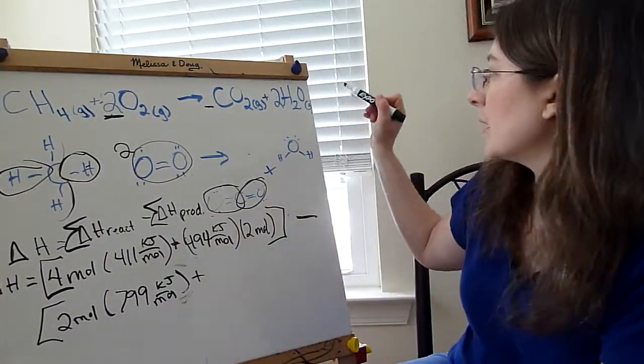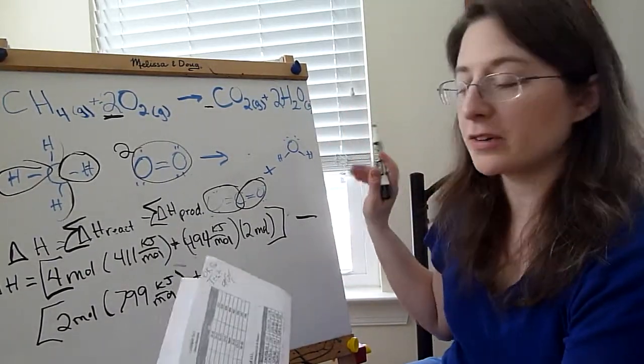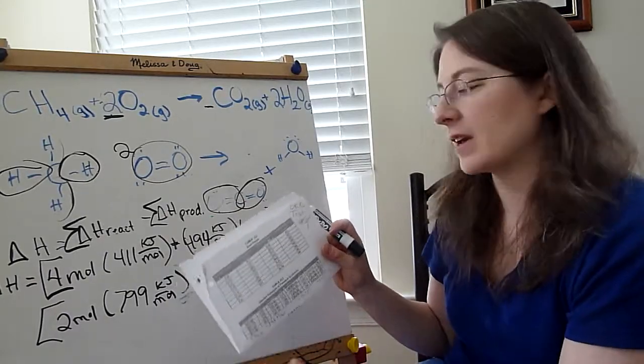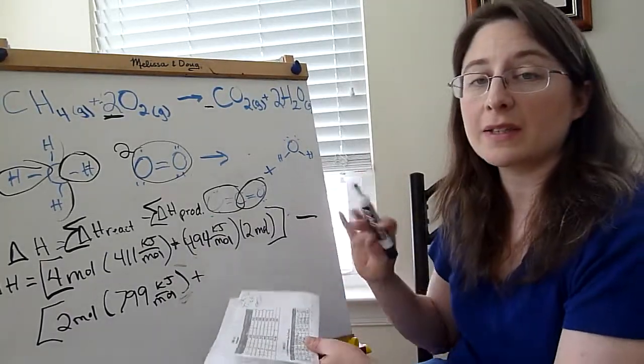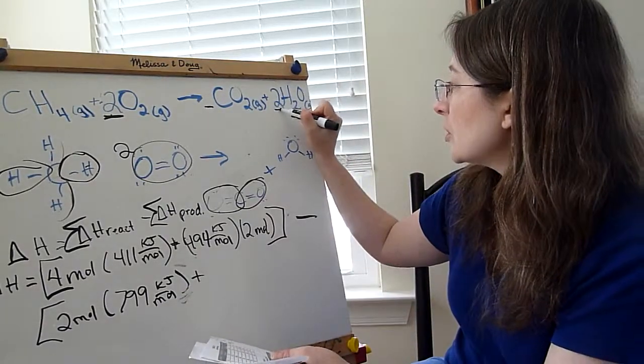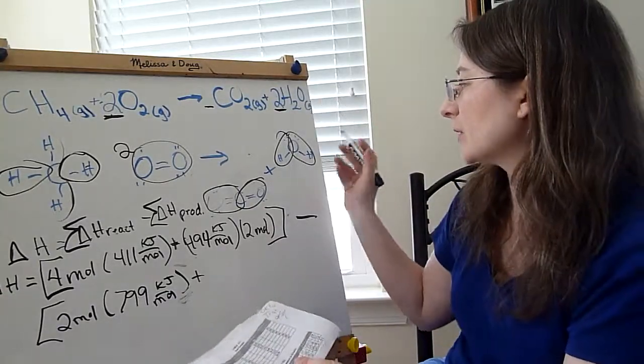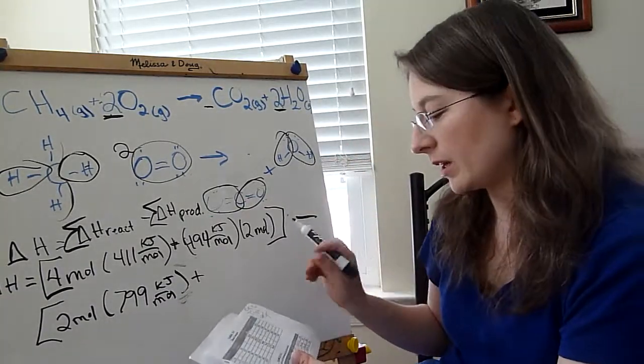Plus H2O, and this is a gas. Remember, bond energies don't consider the phase. It doesn't matter if it's a gas, which is why it's slightly inaccurate. So we've got 2 moles here and 2 sets of bonds here, so effectively 4 moles of OH single bond.